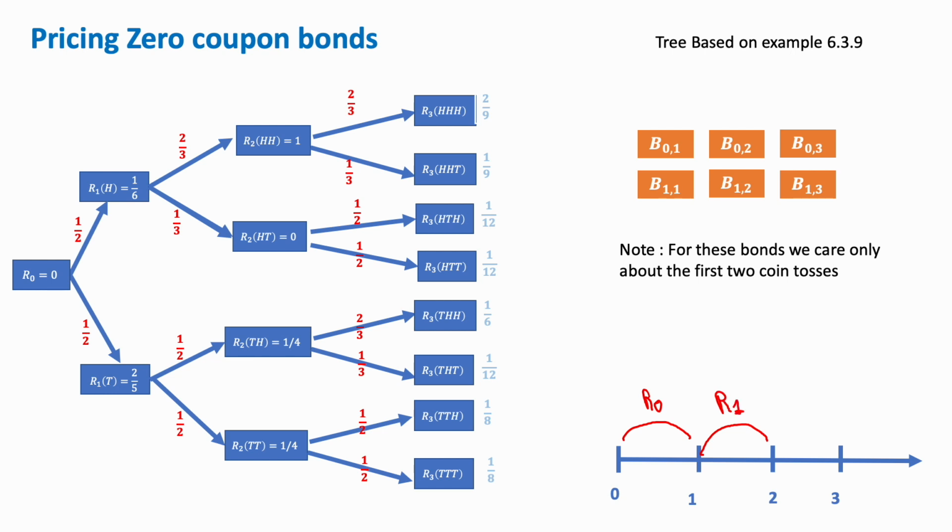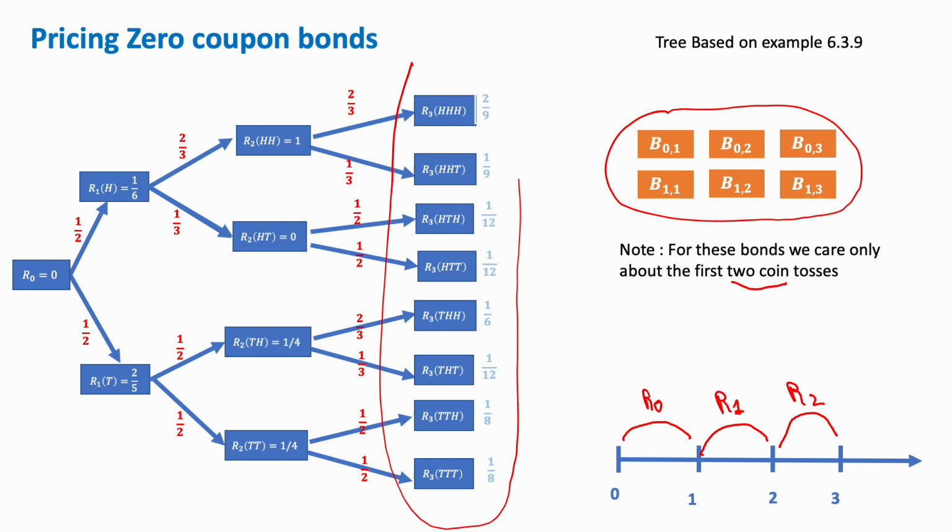So that's the first coin toss. And after the second coin toss, we know R2. So we know the main variables needed to price these zero coupon bonds. That is why we really only care about the first 2 coin tosses. All these other states here are just making the tree bigger for nothing, at least for our purposes.